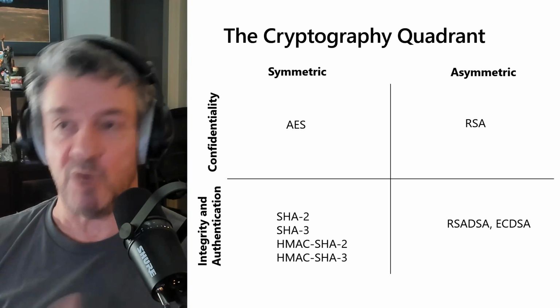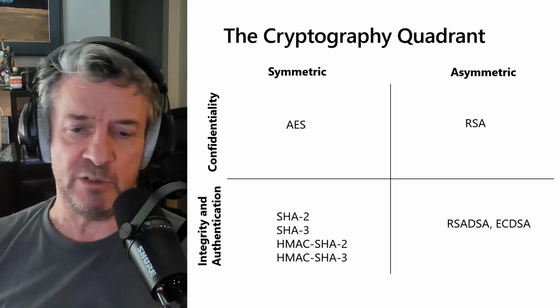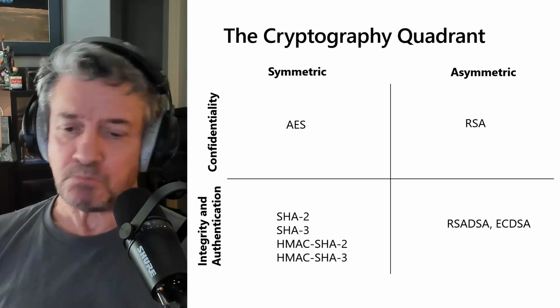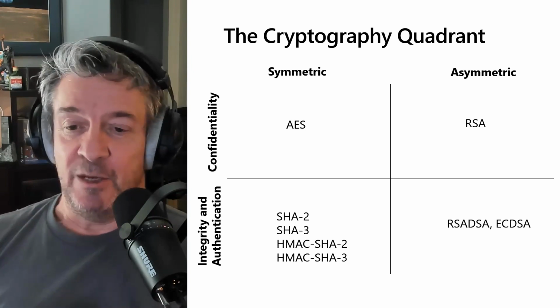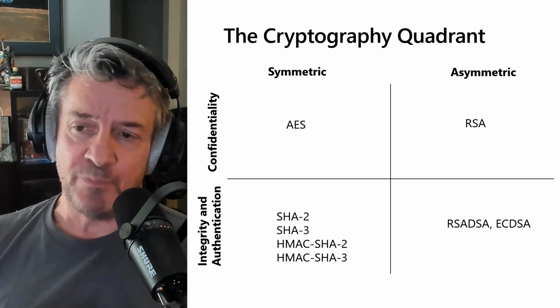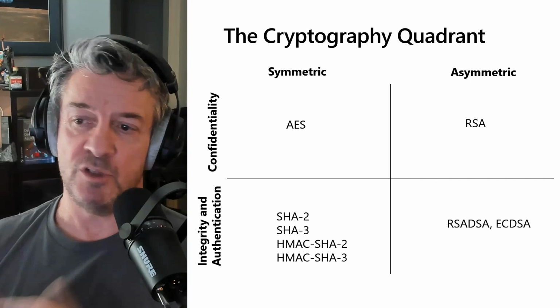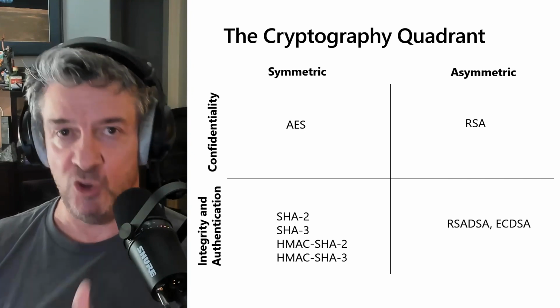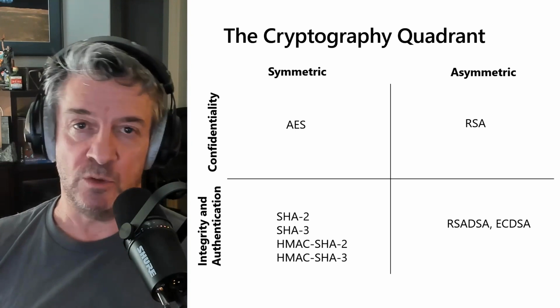There are other ones as well, but by far the most common one is AES. Another one that's becoming popular is ChaCha, which is derived from an algorithm called Salsa. That's becoming popular as well. And then for integrity and authentication, there's SHA-2, SHA-3. SHA-3 is new, so SHA-2 is still being used predominantly. And then you have things called HMACs.